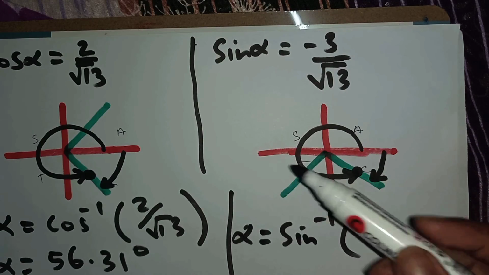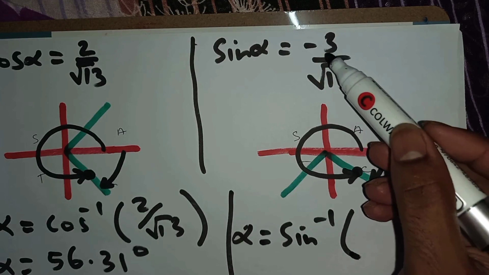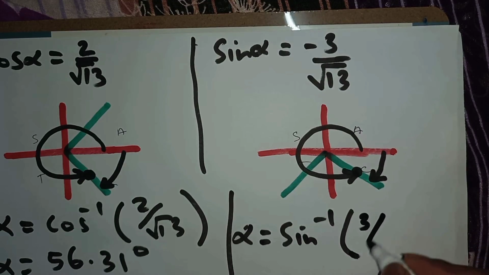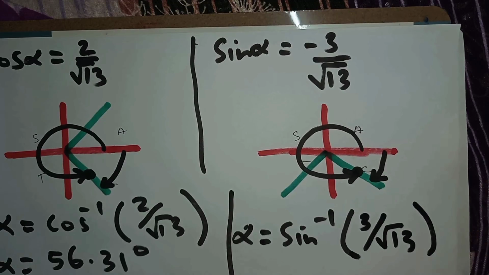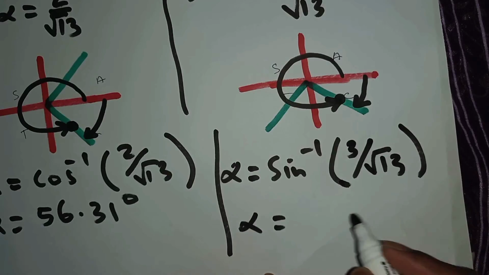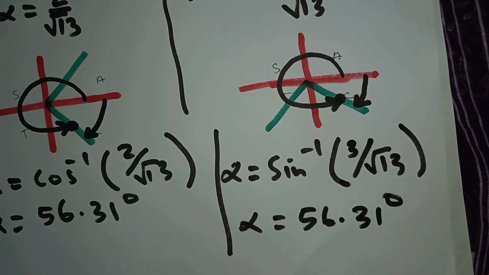We have to ignore the sign. We know from solving trigonometric equations that we ignore the sign to find the acute angle. So we will say positive 3 over root 13. Now when you find the value of alpha, you get 56.31 here as well.